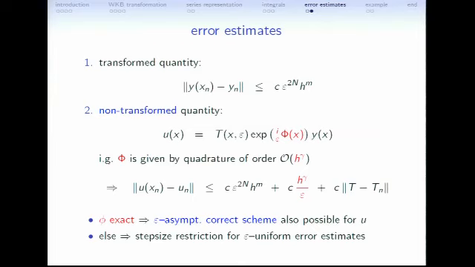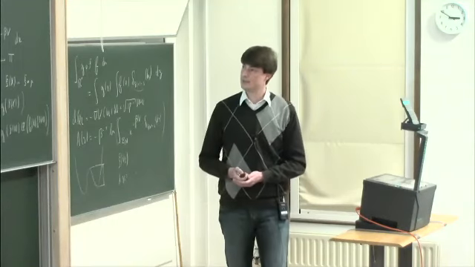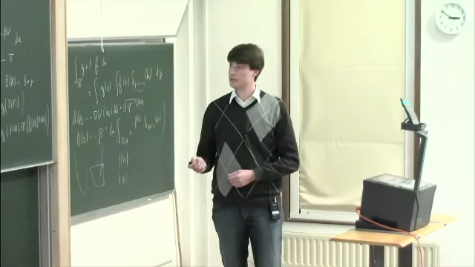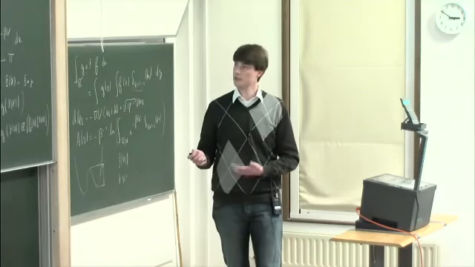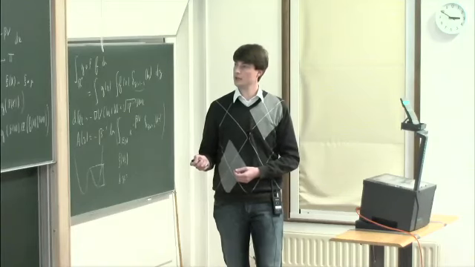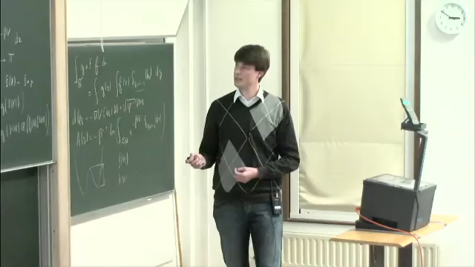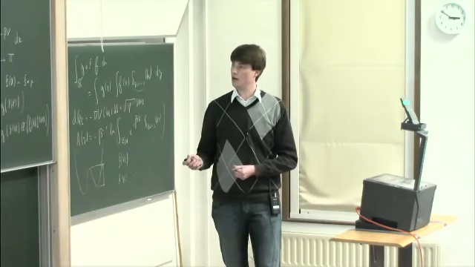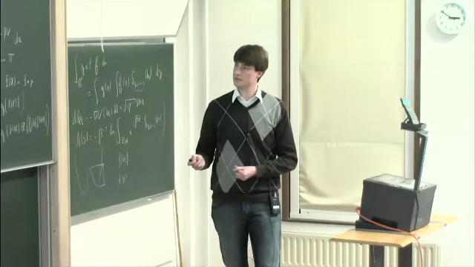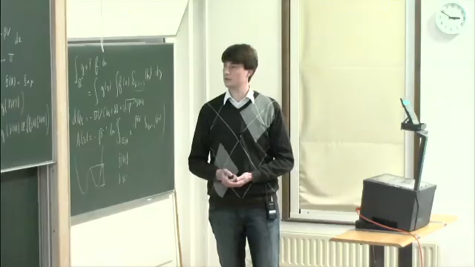Here everything is nice, but you have to transform back, and this is a little drawback of this whole ansatz, because usually this phase function phi is given by a quadrature, and if you now transform back and carry out the error estimates, well, this is from the transformed quantity. This is nice, but then here appears the factor h to gamma, so this is the order of the quadrature for phi over epsilon, and this indicates that this phi is really the crucial part in this whole game.